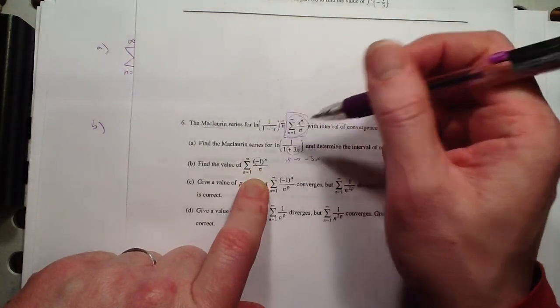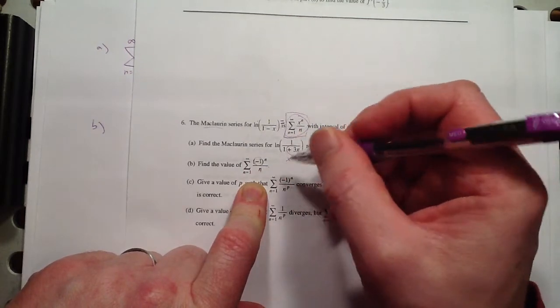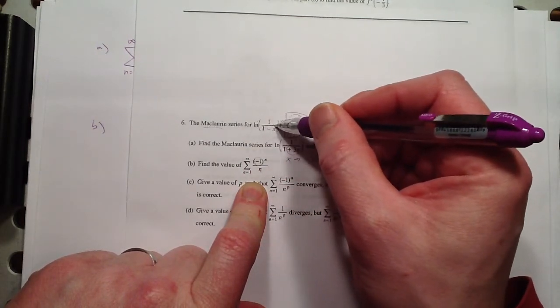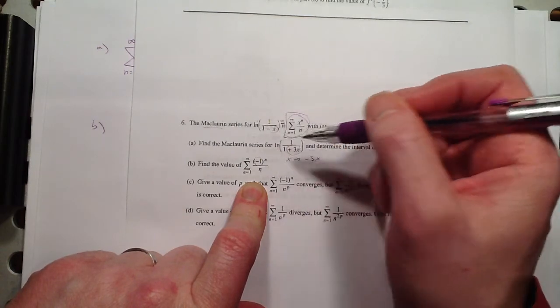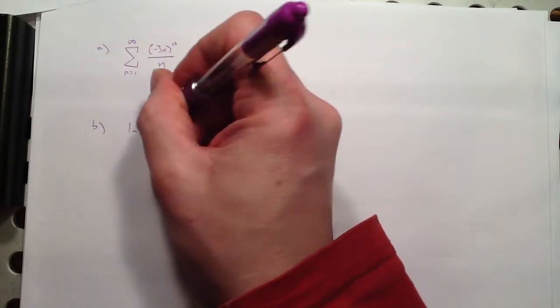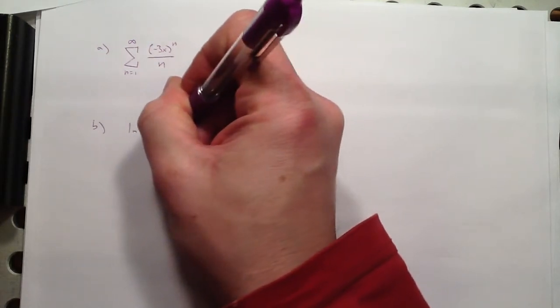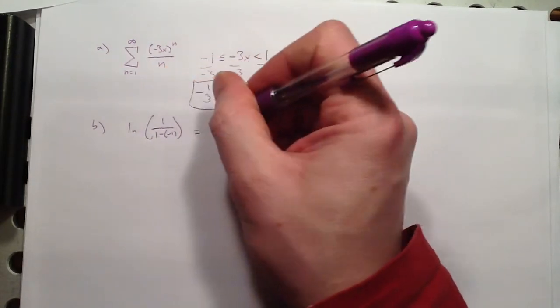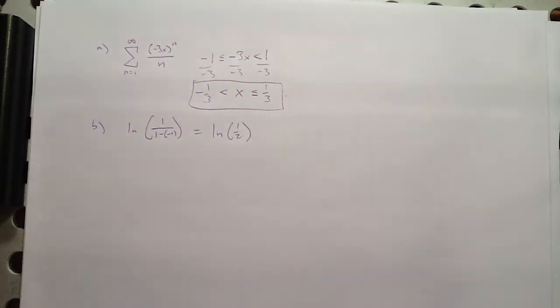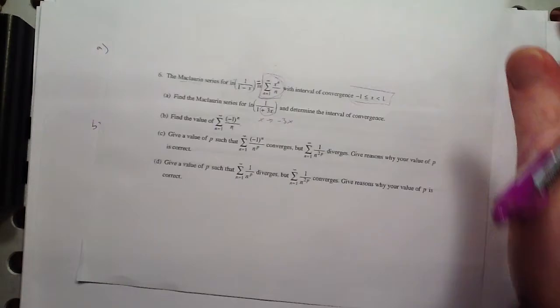That means I can plug in negative 1 here. So that's just natural log of 1 over 1 minus negative 1, which is the natural log of 1/2. That's all there is to that.